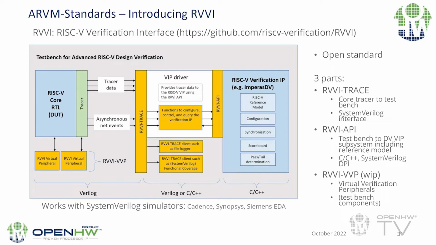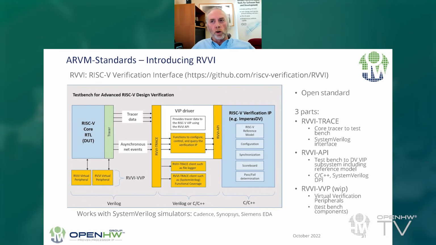And then the virtual verification peripherals area, and that allows you to have test bench components which have standard interfaces into the test bench and into the cores. And that's a work in progress part of this. But I'm now going to talk about the two interfaces that are quite well defined and in use. And these are defined in SystemVerilog and C, and are in use with several different main EDA simulators today. And so that's RVVI we're talking about.